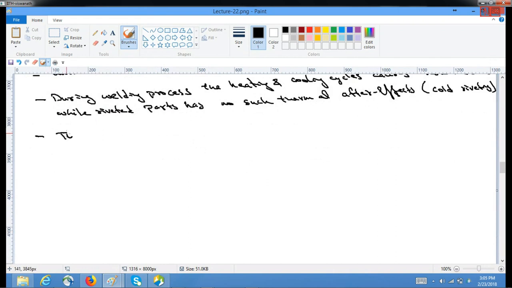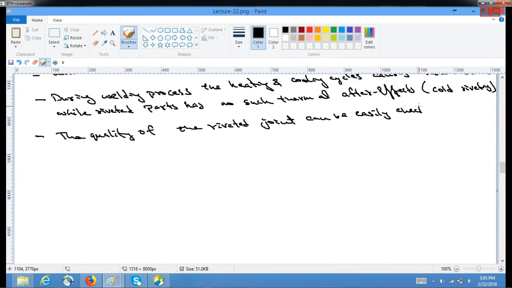The quality of the riveted joint can be easily checked.